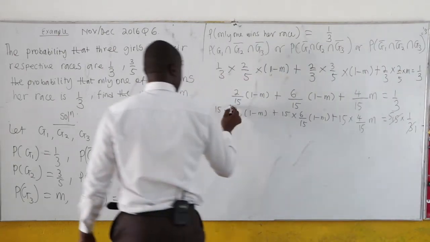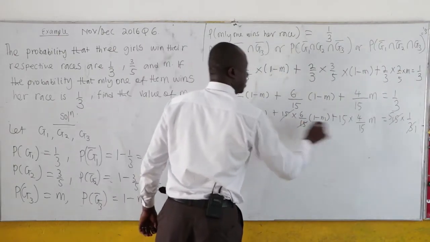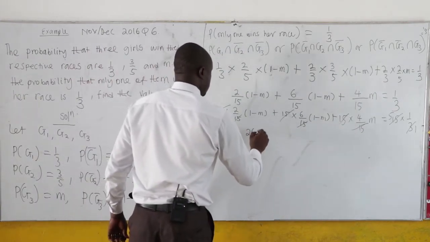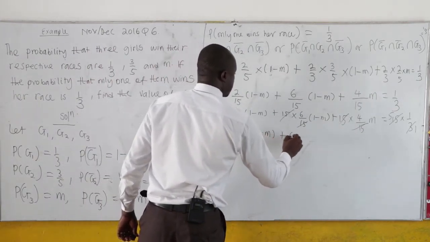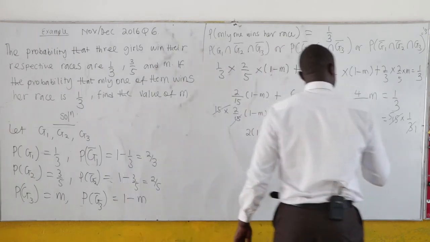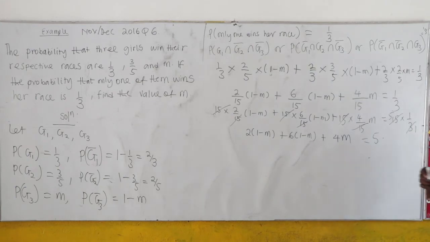Now let's see, this will cancel that, this will cancel that, this will cancel that. So we have 2, 1 minus m, plus 6, 1 minus m, plus 4m equal to 5.